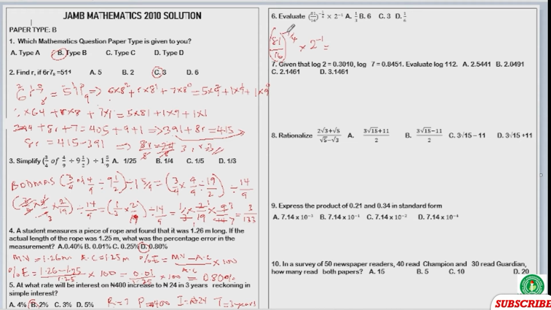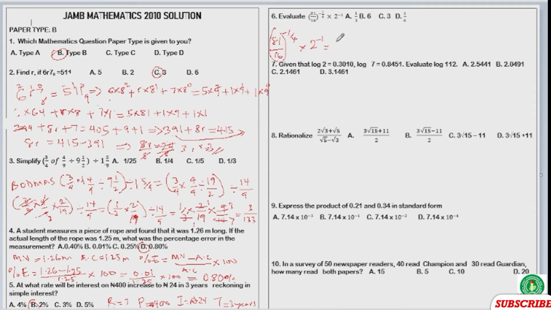So if I want to change this to plus 1 over 4, according to our indices, the 81 will become the denominator and the 16 will become the numerator. I say again: by removing this minus, the 16 will become the numerator and the 81 will become the denominator.